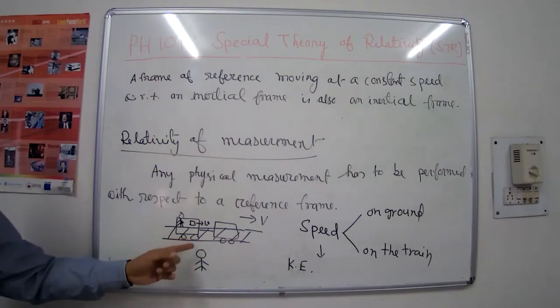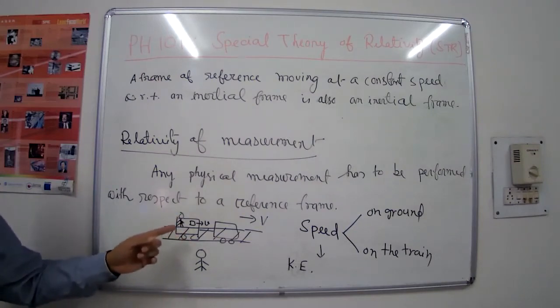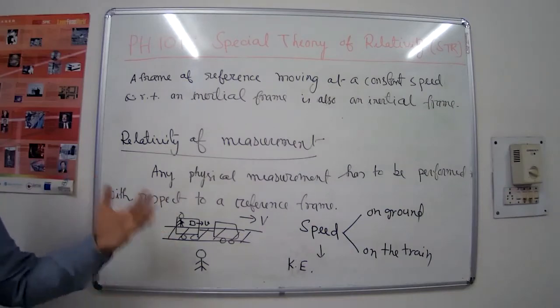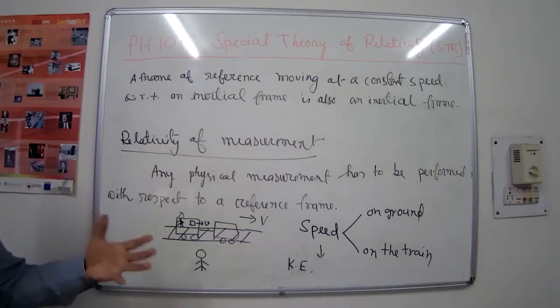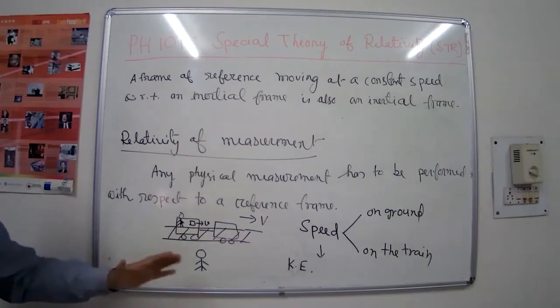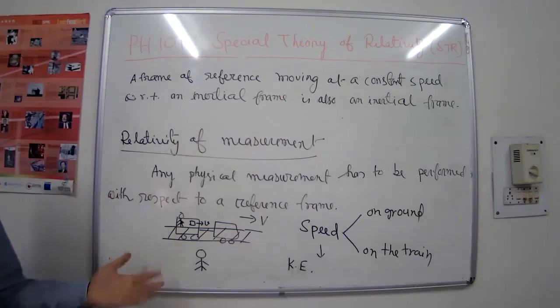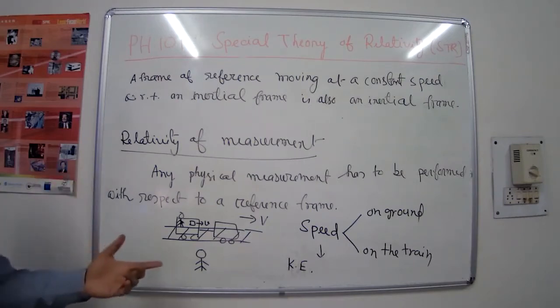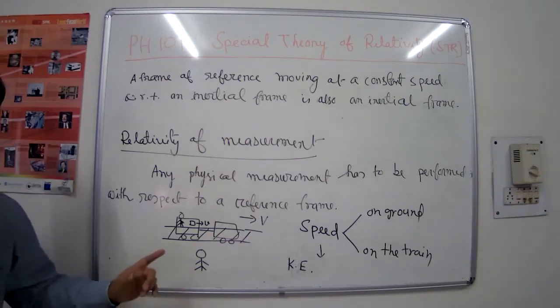However, your friend who is at rest on the train, assuming there is no window so he cannot see outside, will not be able to give you the same value. For him the train is at rest because he has no reference to see, so if he makes a measurement, the kinetic energy will be 0.